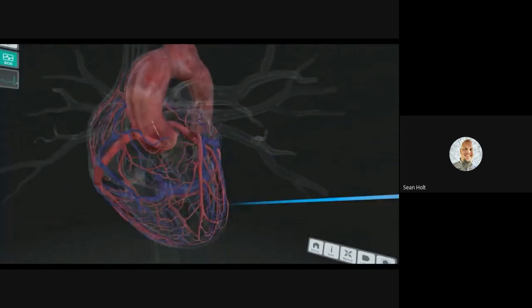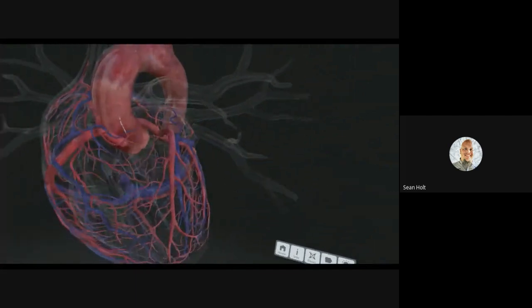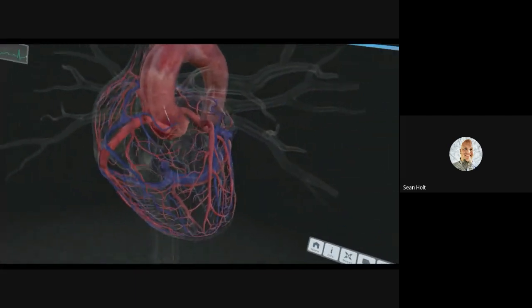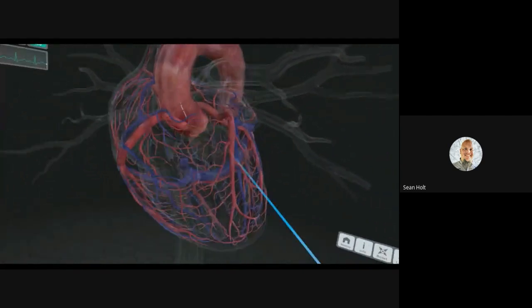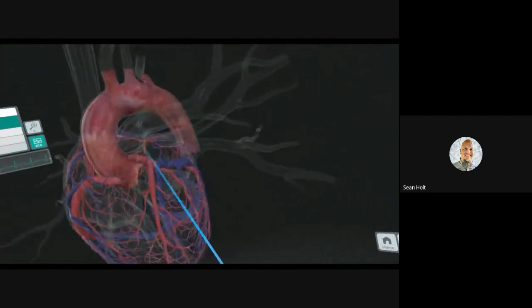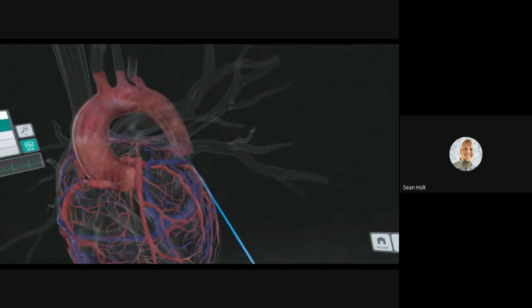This perfuses the lateral wall, and if you remember lateral, that means to the side of the body, this being the left lateral wall, okay? And part of the posterior because of that circumflex, all right?